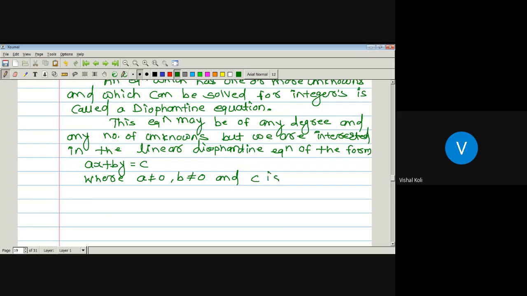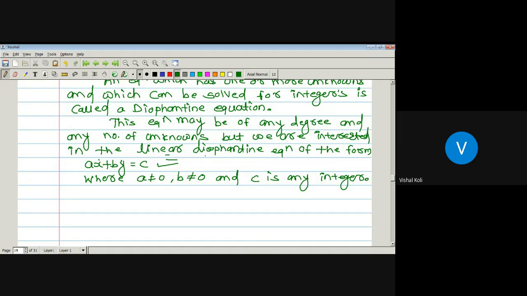Here there are two unknowns x and y and three constants a, b, c. Such an equation is called a linear Diophantine equation. It is called linear since its degree is 1.